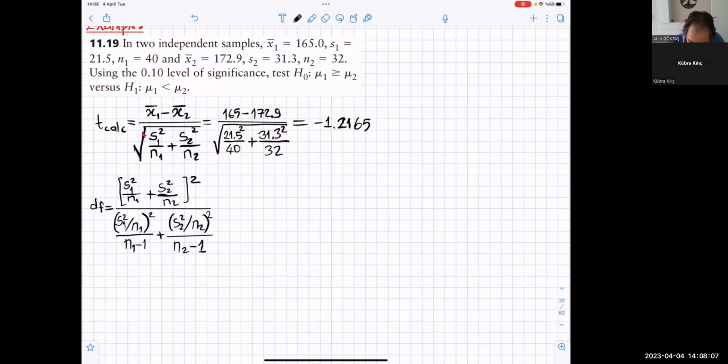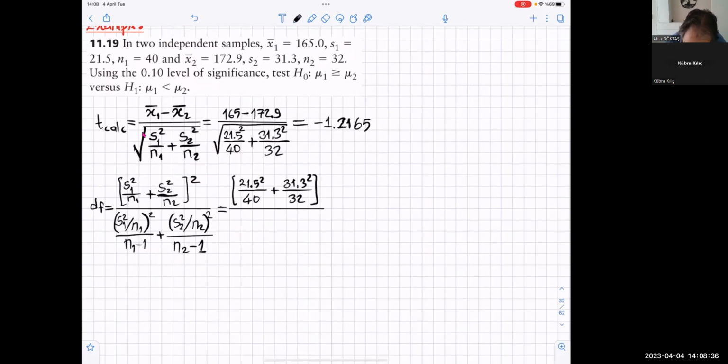That's the degree of freedom. Try to get the result for the degree of freedom. 21.5 squared divided by 40, plus 31.3 squared divided by 32.